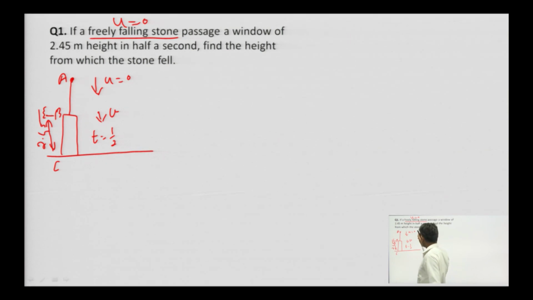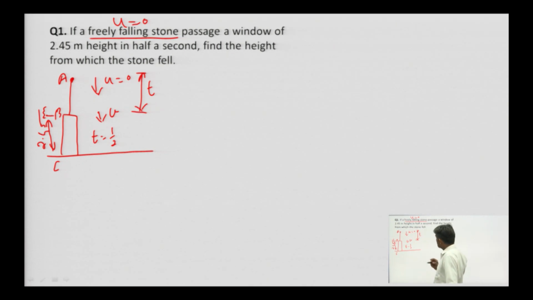Let us assume t is the time for falling of the stone from A to B, then the total time of falling from A to C will be t plus half.